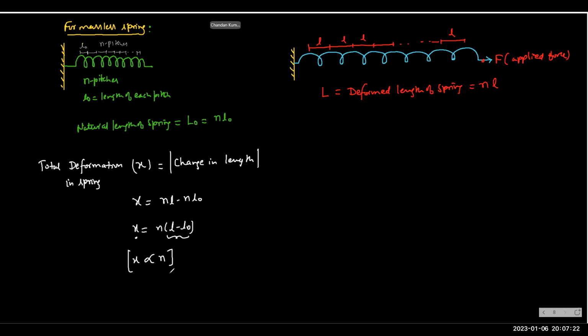So keeping the force same, what do you think? If I keep the force F and if I decrease the length of a spring, the deformation in each pitch will differ or remain same?